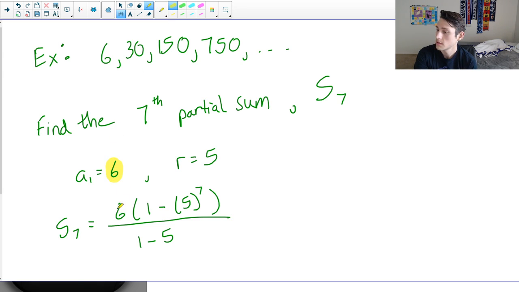A1, S7, and then the ratio is the ratio.